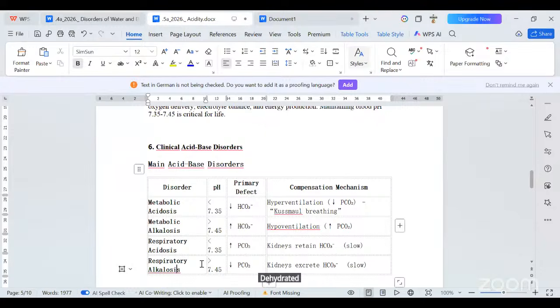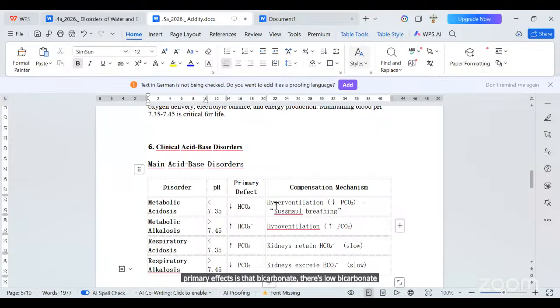So, main acid-base disorders. The main acid-base disorders we have are metabolic acidosis. Metabolic acidosis happens when the blood pH is lower than 7.3. The primary effect is low bicarbonate.